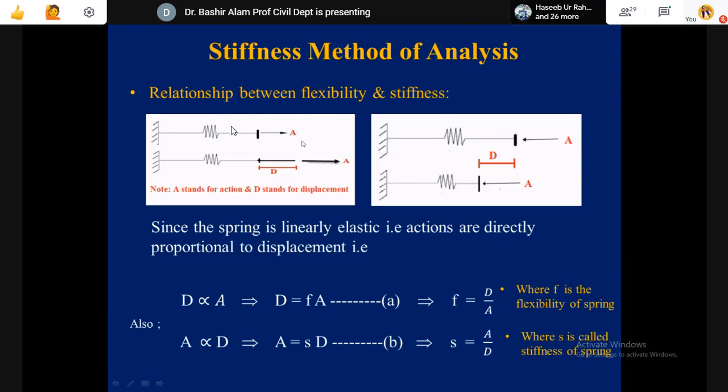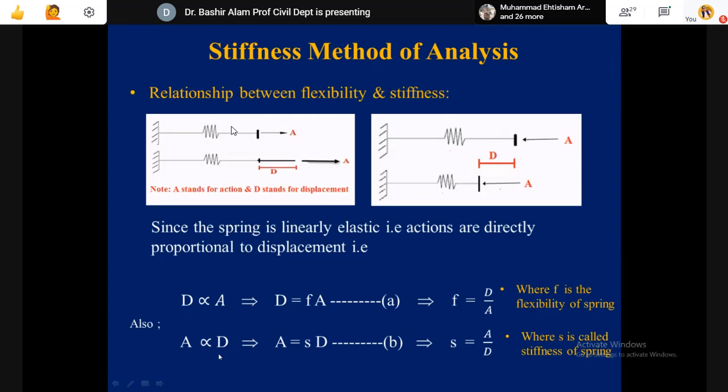Here, that concept again, we discussed this for the flexibility method. Action is applied, action is increasing, displacement is increasing. And we say this displacement is directly proportional to A. Remove the proportionality sign, D is equal to FA, or F is equal to D divided by A, where F is the flexibility of the spring. Displacement produced by a unit action.